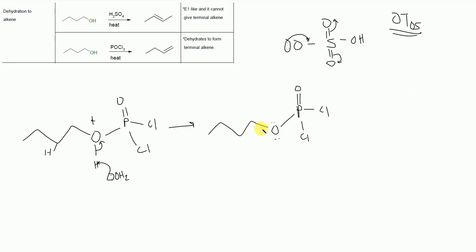So on this carbon over here, I have a bond to a carbon, I have a bond to this oxygen, and I have 2 hydrogens on this carbon. Essentially, I'm looking at this carbon over here and this carbon right here. And what happens is I'm going to be able to take one of these hydrogens and abstract it.